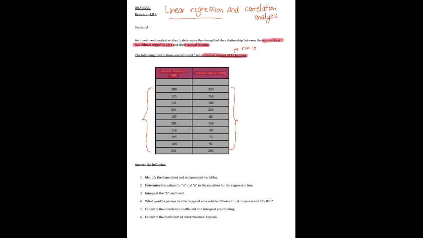So under the questions, the first question asked you to identify the dependent and the independent variables. So here, in terms of dependent and independent variables, the X variable is always the independent variable and the Y variable is your dependent variable. So between these two, ask yourself the question of which variable depends on the other.